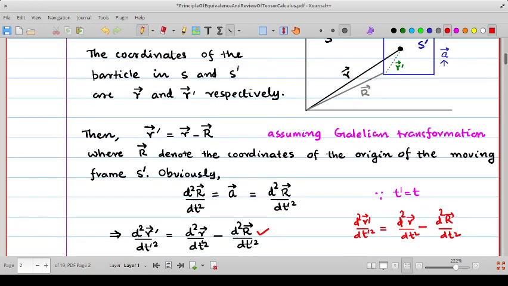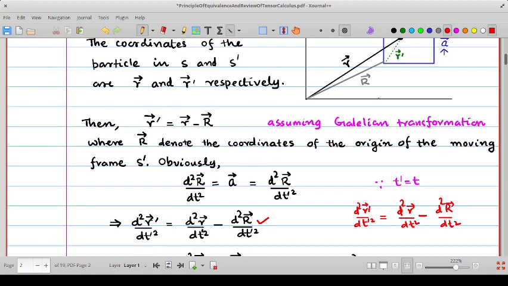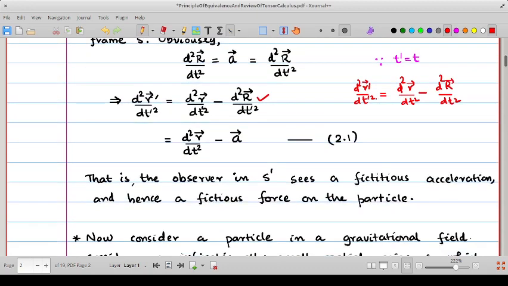But now this capital R is the position vector of the frame of reference S dash in the frame S, and therefore d square R by dt square is the acceleration of the frame S dash measured in the frame S. So we have d square r dash by dt dash square equal to d square r by dt square minus a, where a is the acceleration of the second frame.